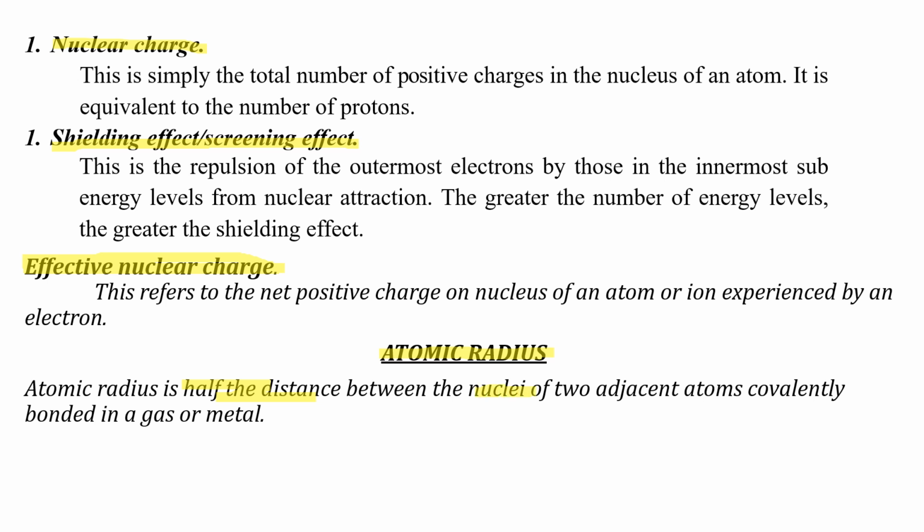Some textbooks say half the internuclear distance, for as long as it's half. And the other key item that must be in your definition is covalently bonded atoms. The atoms must be covalently bonded.